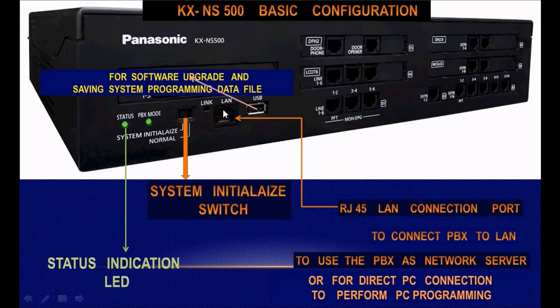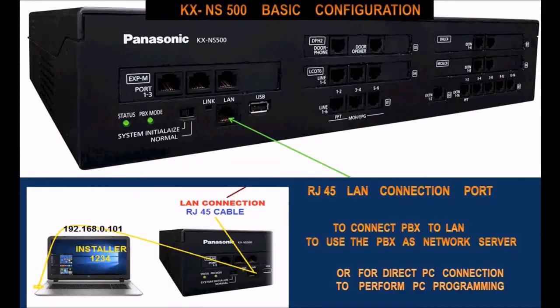Now we will go to LAN connection. We initialized the system, and we will now go to how to program the system. To go inside programming, you must use a standard RJ45 straight cable connection from the LAN port on the main unit to your laptop or PC.